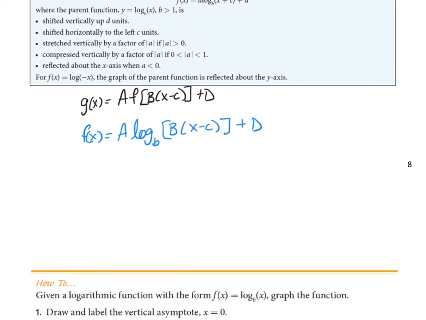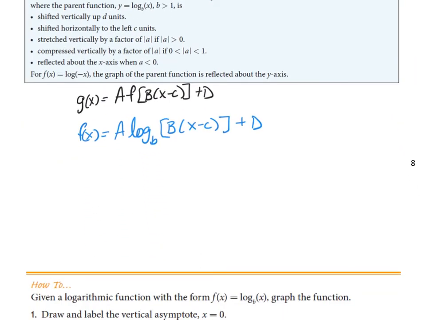So just like before, we want to do this first, and this is a reflection over x, over y, if b is less than 1, and it's a horizontal shrink or stretch.